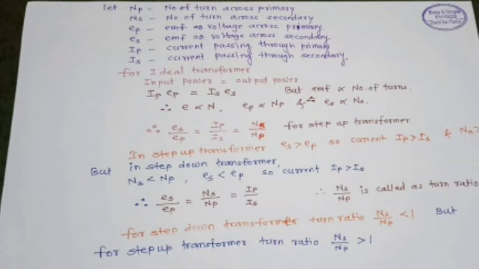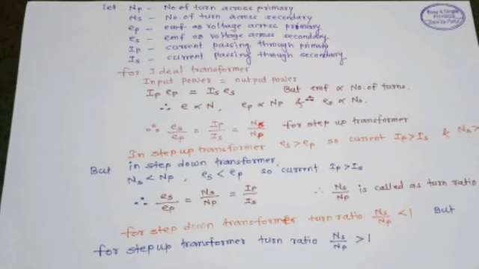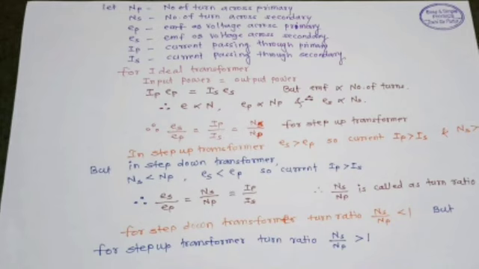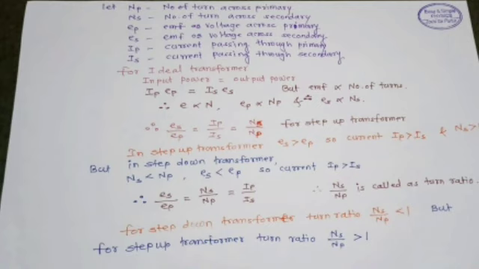Let capital NP be the number of turns across the primary. Capital NS is the number of turns across the secondary. EP is the EMF or voltage across the primary. ES is the EMF or voltage across the secondary. IP is the current passing through the primary.